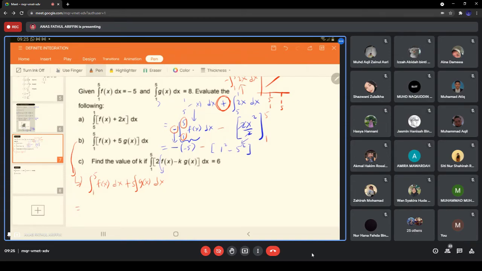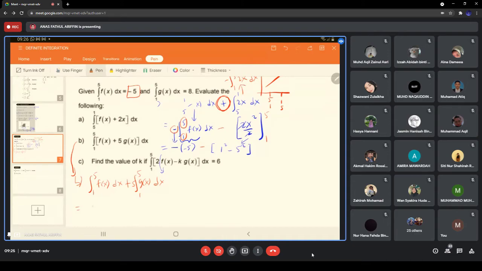This one from 1 to 5. Patutnya kita buat example ni lagi senang sikit. Kita buat contoh yang B ni lagi mudah dulu, lepas tu baru kita buat yang A. Tak apa. So from limit 1 to 5 fx given, which is -5.